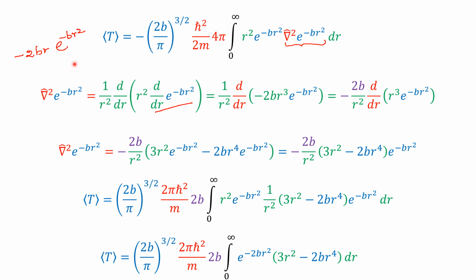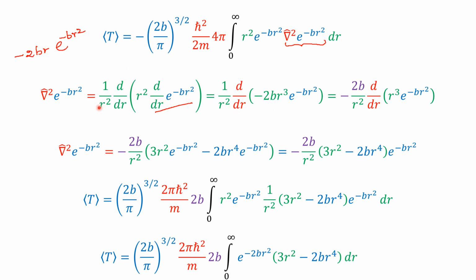Then this will become r squared into r, r cube. So this will become minus 2p r cube, then this exponential term you will get. Now we have differentiated only the exponential term. And here there is one r squared also we have multiplied with this.